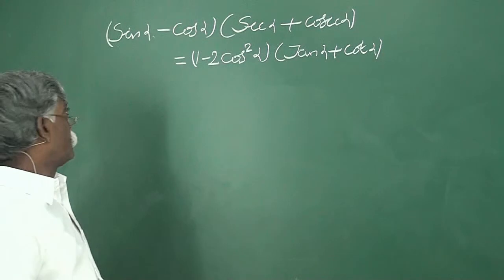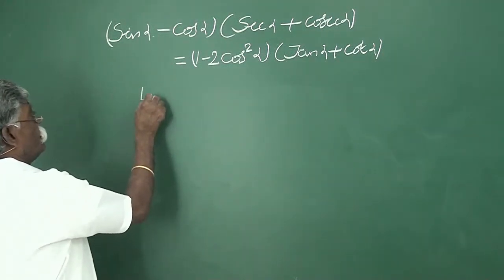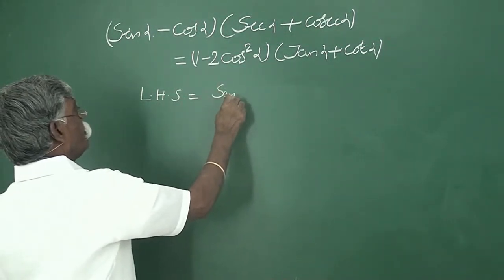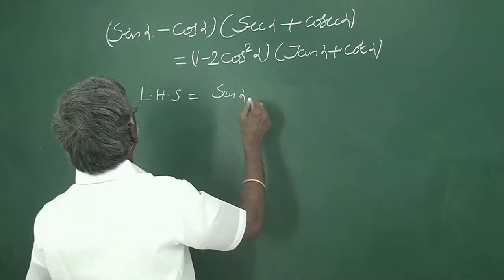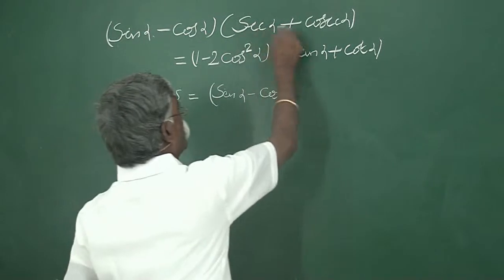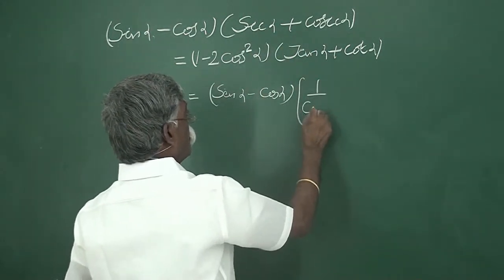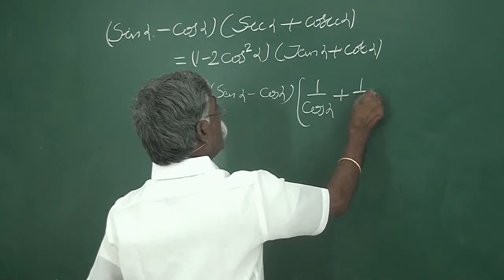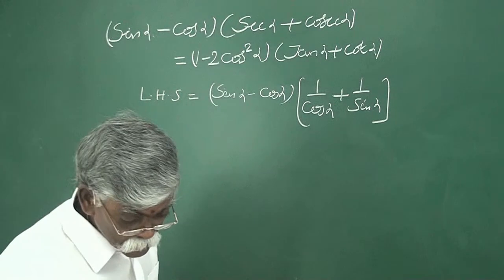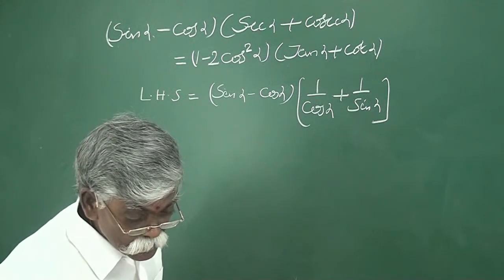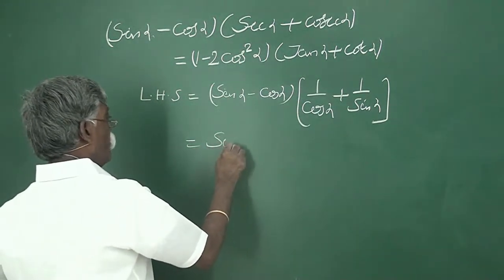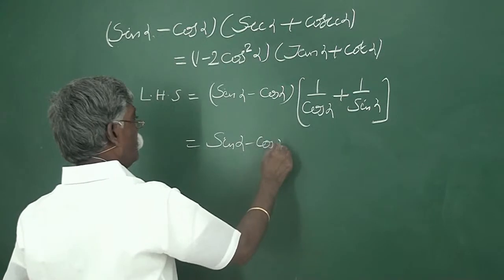Now let us take the LHS. This is sin alpha first, and here it is written as sin alpha minus cos alpha, and let us convert these two: 1 by cos alpha plus 1 by sin alpha. Now this is sin alpha minus cos alpha.